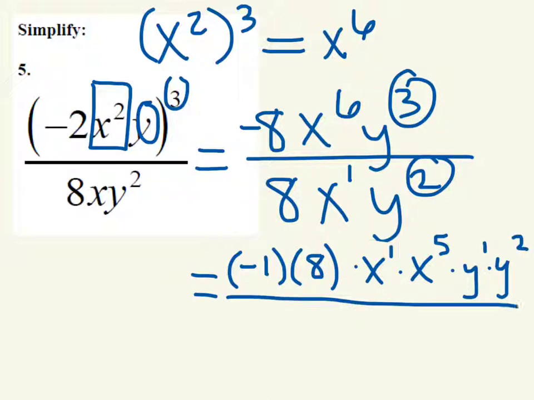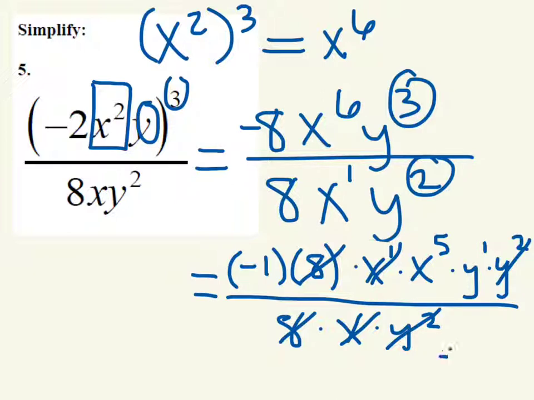And in the denominator, I have an 8, x to the 1, y squared. I'm going to cancel all of my common factors from the numerator and the denominator. The 8's cancel, the x's cancel, the y squared cancels, and I'm left with, as we already knew, negative x to the fifth, y.